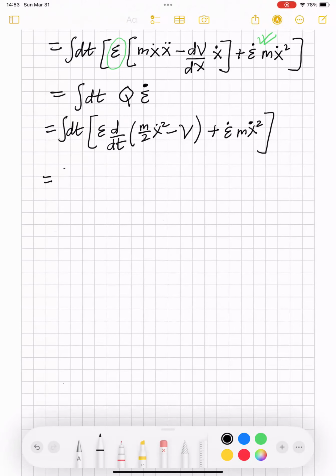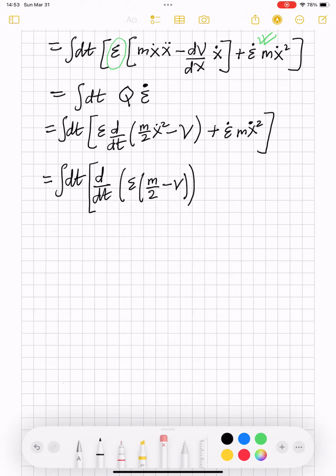This is equal to an integral dt of, we can write this as d by dt of epsilon m over 2 minus v. And now let's see what we get. When this d by dt, oh, sorry, I dropped a few terms there.